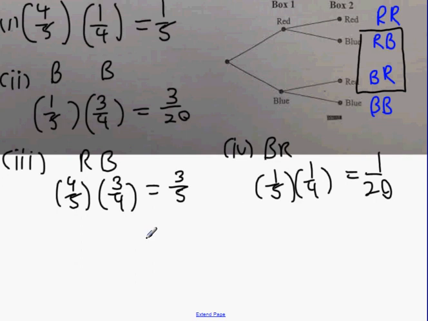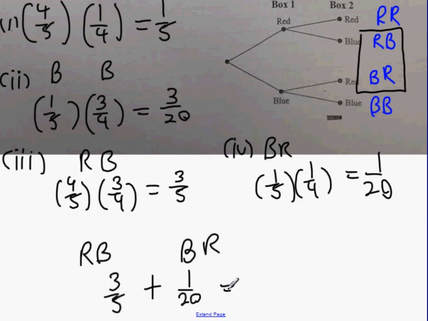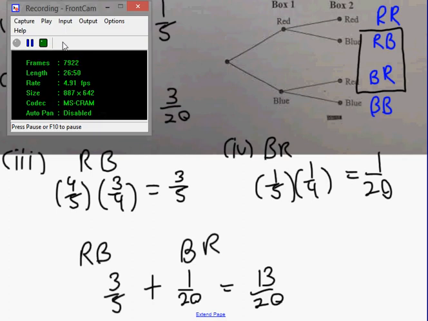You can have a red followed by a blue, or a blue followed by a red. You're going to add them together. Paddy, red blue is 3/5. Blue red is 1/20. When you add them together, you're going to get 13 over 20.